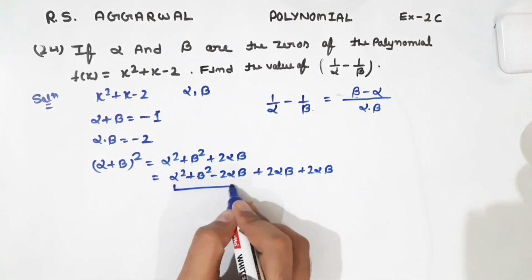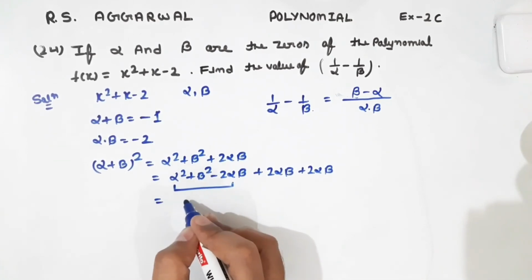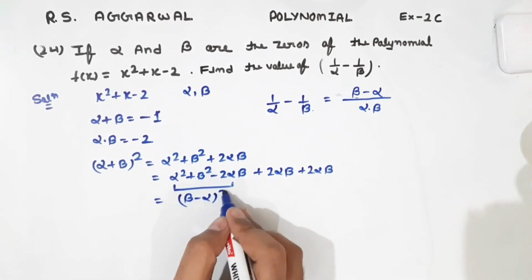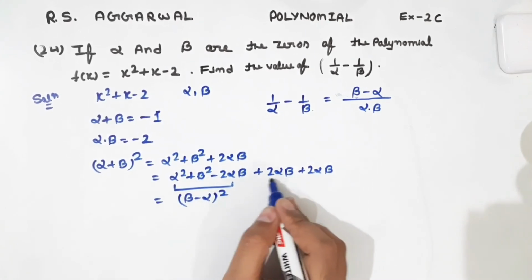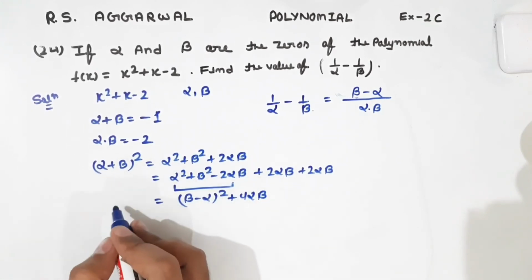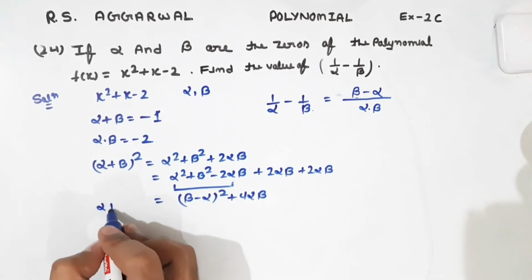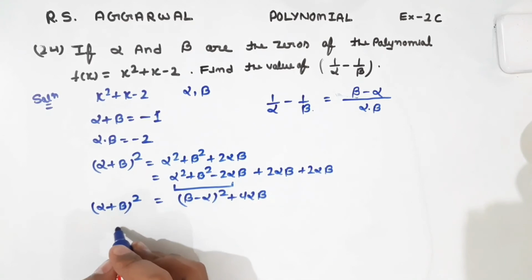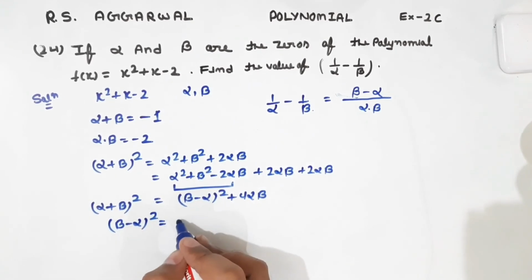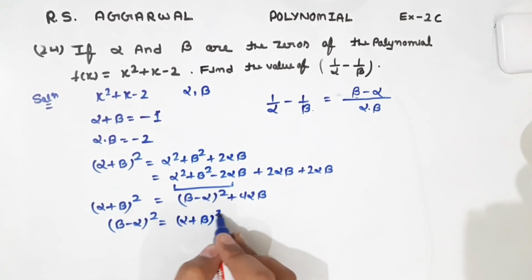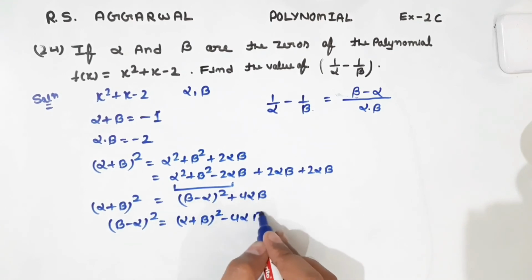So this will be equal to beta minus alpha whole square, and 2 alpha beta plus 2 alpha beta will be equal to 4 alpha beta, and this is alpha plus beta whole square. So from here beta minus alpha whole square will be equal to alpha plus beta whole square minus 4 alpha beta.